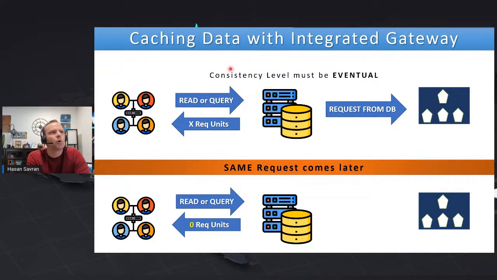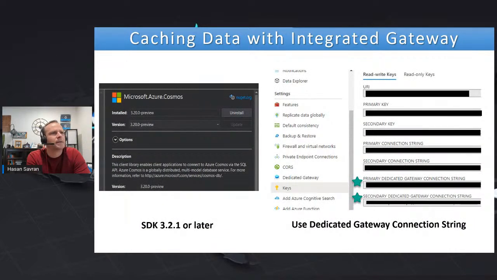For that thing to work, your consistency level must be eventual, and this might change whenever this becomes available later in GA. But for now, it has to be eventual consistency level. So to make this actually work, first, as I said before, you have to go and get your dedicated gateway from this link here.